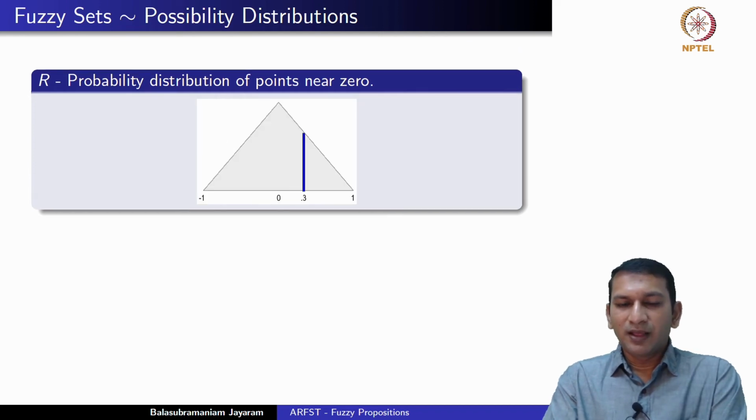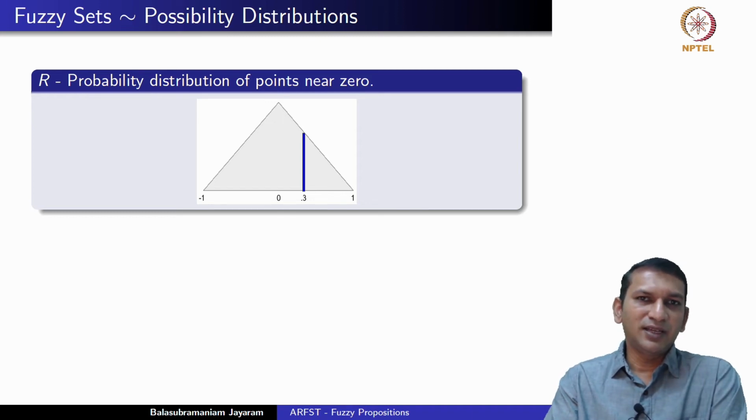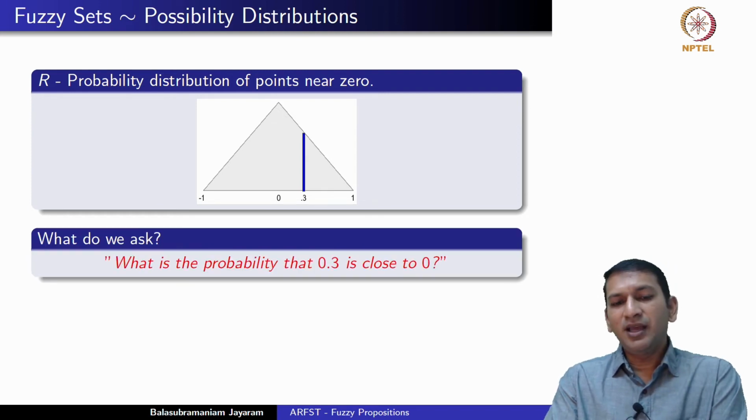Well, note that probability of R equal to 0.3, because it's a PDF, has to be taken around a small interval around 0.3, and the area under that is assigned as the probability. Now, the interesting thing is, we need to understand what is it that we are asking. Are we asking this question, what is the probability that 0.3 is close to 0?